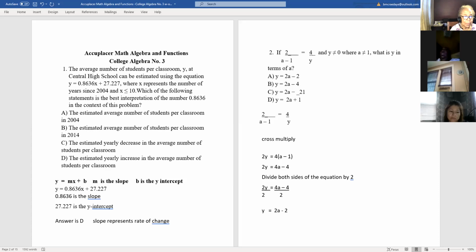So you see your answer? What is your answer? It's A. Very good. Answer A, because y equals 2a minus 2 is answer A. Okay. What could be another answer?